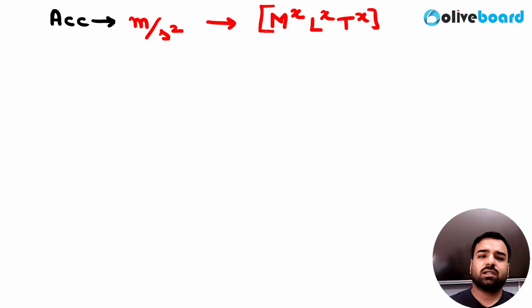Meter is length, so L, power is 1, so for 1 you need not write anything. But it's second to the power minus 2 because it's in the denominator, so it will be T to the power minus 2.